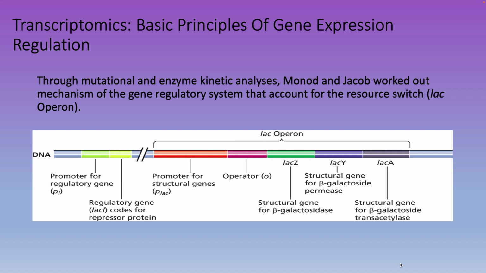And so through a wide range of different types of experiments, both mutational experiments and enzyme kinetic analyses, they worked out that there was a whole regulatory system that was basically turning these things on and turning these things off. Some of the key components involved in this process were regulatory genes and promoters, right?